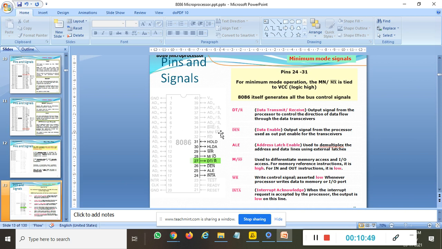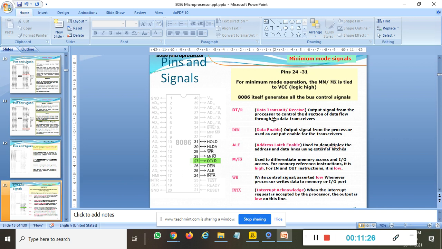For minimum mode of operation, the MN/MX pin is tied to VCC, meaning supply or logic high, or input 1. If it is high, then it operates in minimum mode, which means MN/MX bar is high. So for minimum mode of operation, MN/MX bar is tied to VCC or logic high.